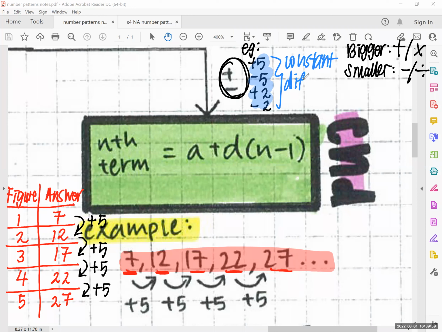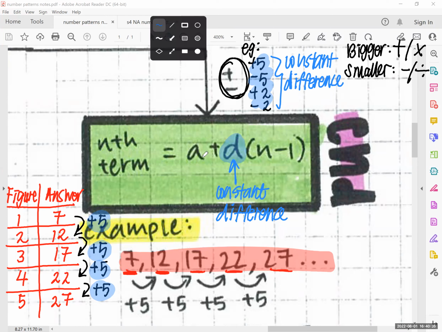Can you see these are all in blue? You can see this is the formula A plus D bracket N minus 1. This D right here is your constant difference, so you also put it in blue. Done? Next, what is this A?